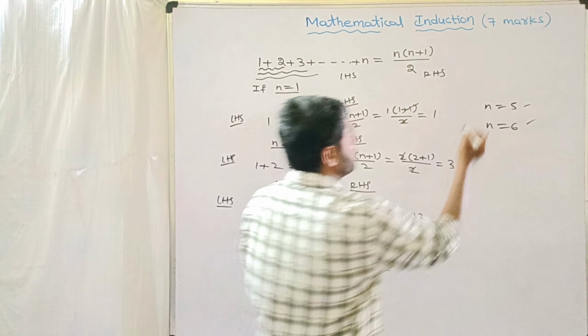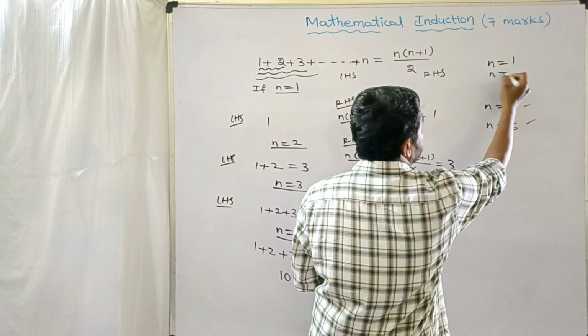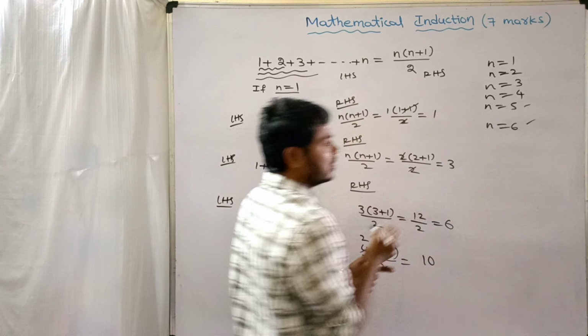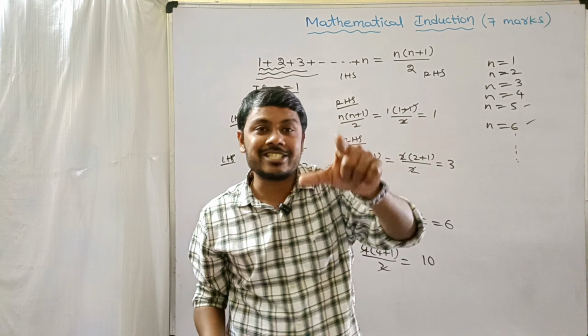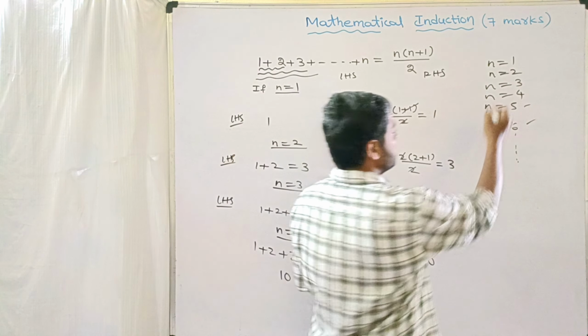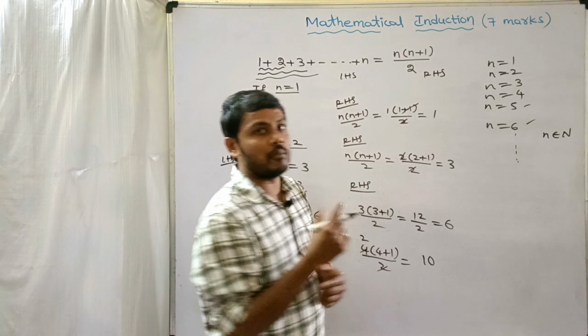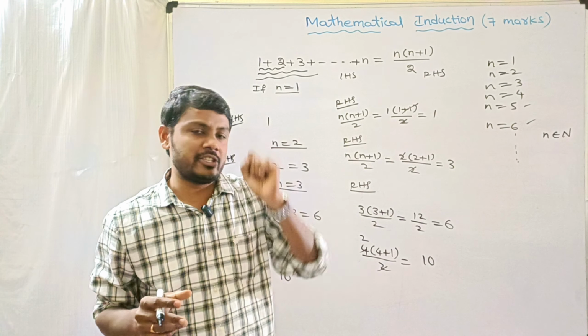So here the statement is true for n equal to 1, n equal to 2, n equal to 3, n equal to 4, and so on. Clearly, which numbers are these? Natural numbers. So n belongs to the natural numbers. Clearly the given statement is true for natural numbers.